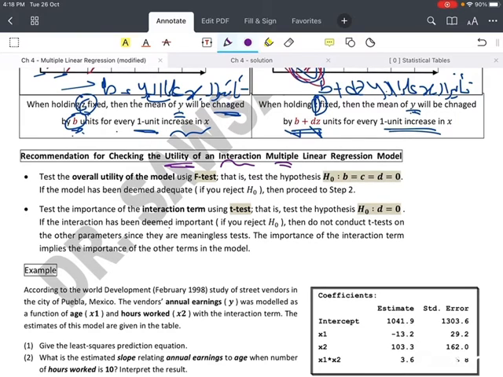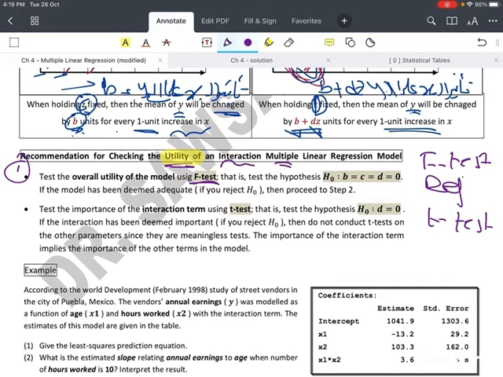Here we look at the utility. In the simple or multiple model without interaction, we would do the F test. If you reject, you go and check the t test. If you do not reject, you stop. So here you will test the overall utility of the model with the F test.